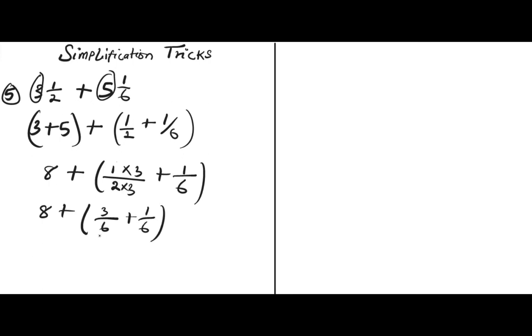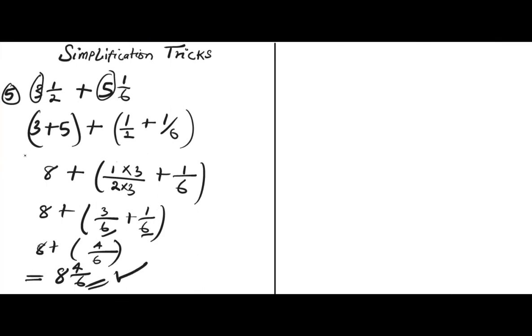This and this are now the same. So you have 8 plus, since they are the same, you take one of the denominators, 6, and 3 plus 1 is 4. So you now have 8 plus 4 over 6, which is equal to 8 and 4 over 6. Which is the correct answer.